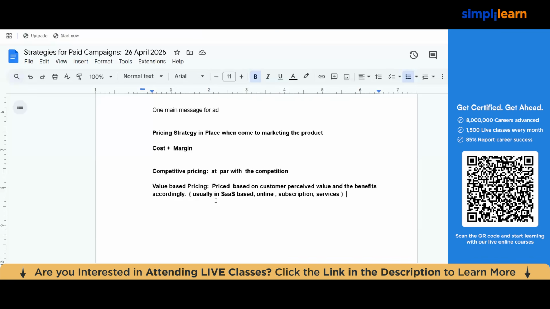It means that whenever the product has its USP, or whenever the product has its newness, and it's the new thing in the market, they keep the price at the maximum, at the highest level. For example, any new AC or any new mobile phone, like the iPhone 16 launched last year, or the Samsung S24 as the latest phone, or the Google Pixel that has been launched.